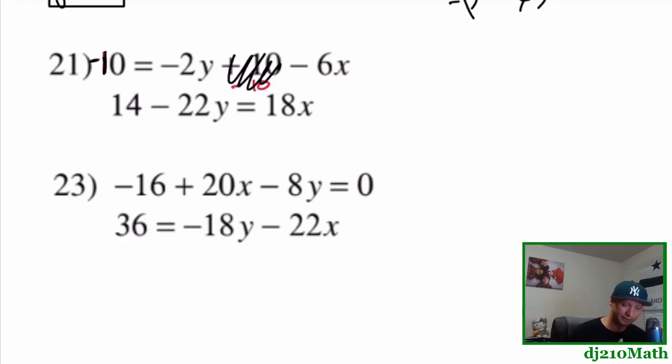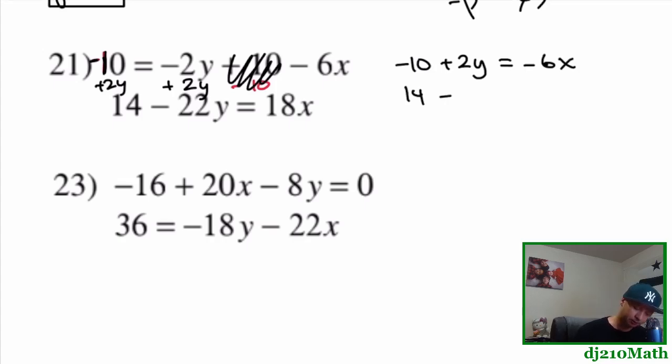You got to pay attention. It's getting late, so we can't get sloppy. I'm going to add 2y to both sides as well. So on the top, I'm going to get negative 10 plus 2y is equal to negative 6x. And then this is 14 minus 22y equals 18x.